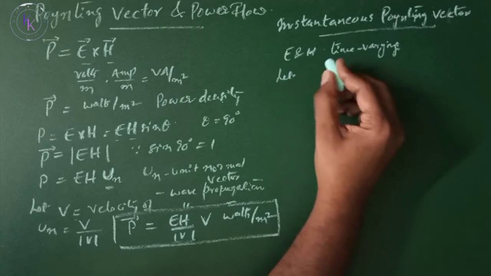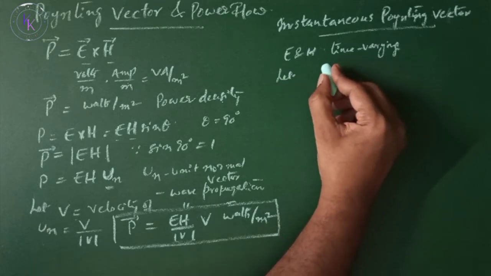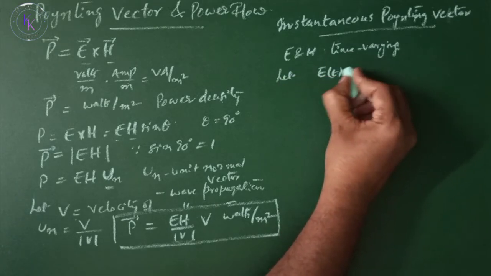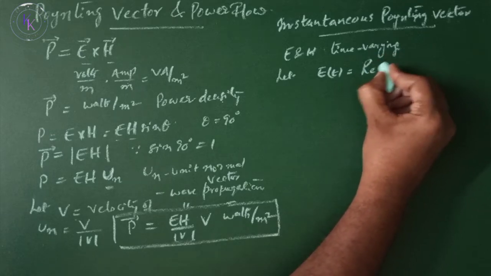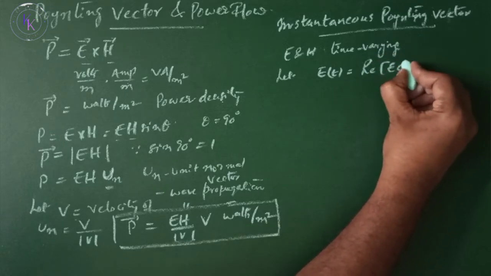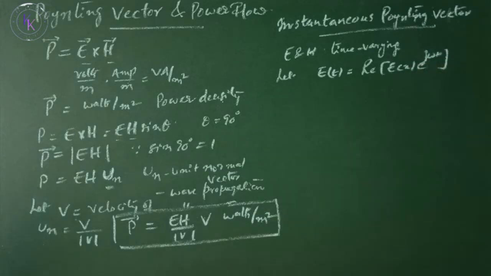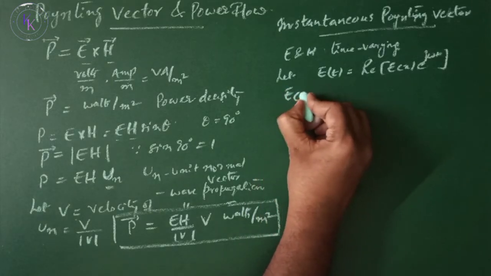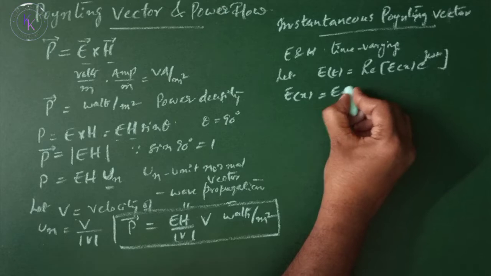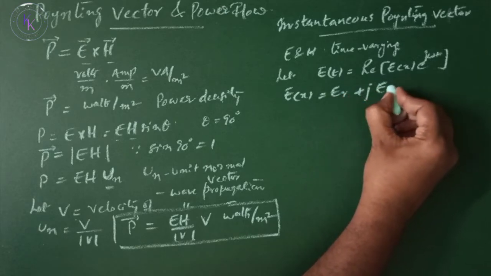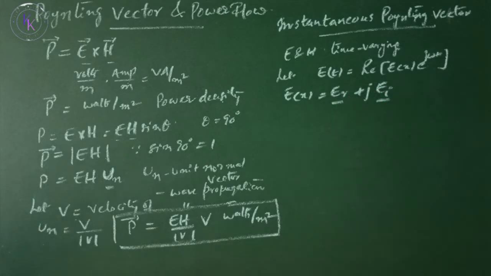Let the variations be assumed sinusoidal. Then E of t equals the real part of E of x e to the power of j omega t. E of x is the complex vector function of position, given by E of x equals Er plus j Ei, where this is the real part and this is the imaginary part.